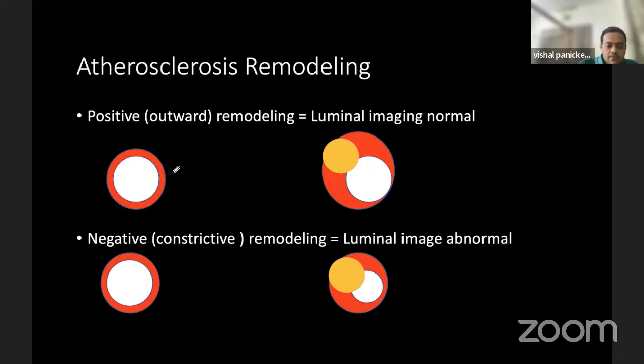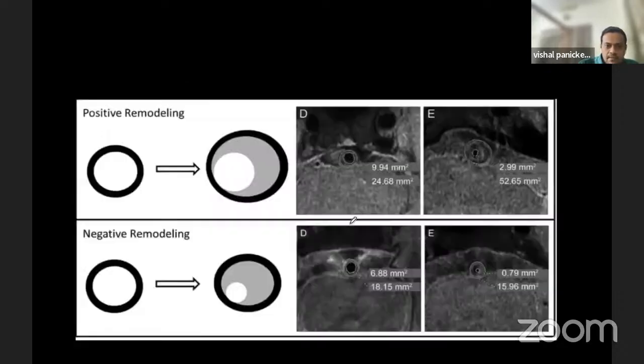Even if it is a positively remodeled artery, ultimately there will be stenosis at a later time. This is a positive remodel showing enlargement of the vessel wall, enlargement of the vessel, and the lumen is relatively normal. In negative remodeling, initially itself the narrowing of the lumen will happen with thickening of the vessel wall.